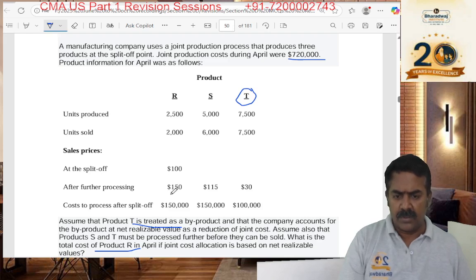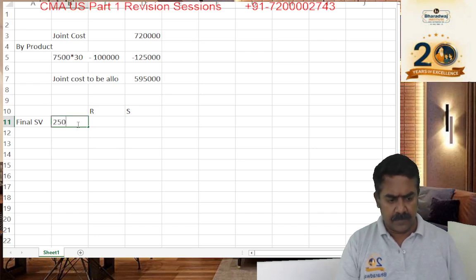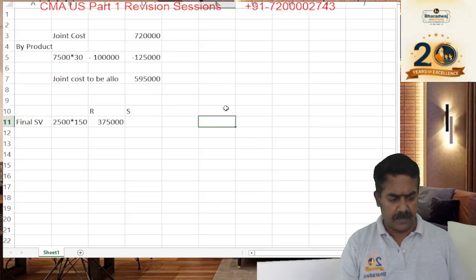2,500 into 150 is 3,75,000. Then 5,000 into 115.